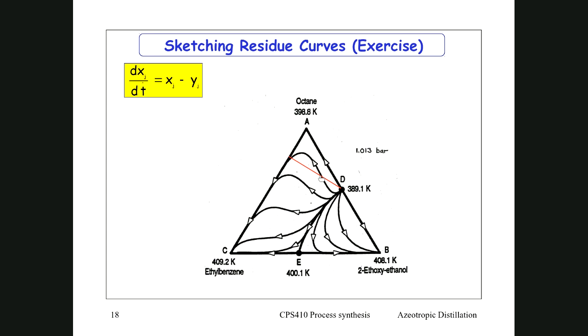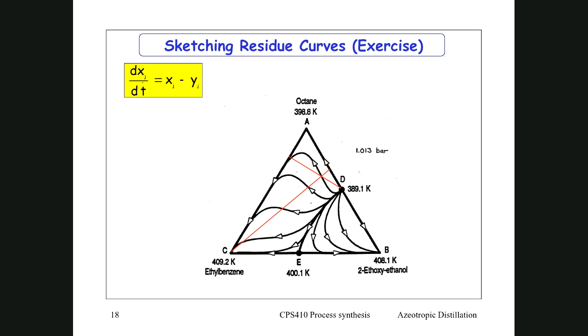That composition, a feed with that composition, you can take the unstable node and draw a line through it, and on the other side of the distillation column, the mass balance will give you AC at that composition. Now we can also take from the stable node, and I'll draw the line from there through the same feed. There we go.